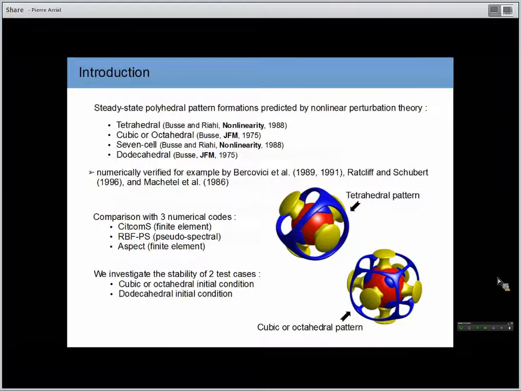Louise already did a really good introduction of the purpose of this talk. So I just want to say that 3D numerical simulations of thermal convection in spherical geometry have become really standard for studying the dynamics of pattern formation and its stability under perturbation to various parameter values. Steady-state pattern formations were predicted by nonlinear perturbation theory at the end of the 70s, for example the tetrahedral patterns or the cubic patterns.